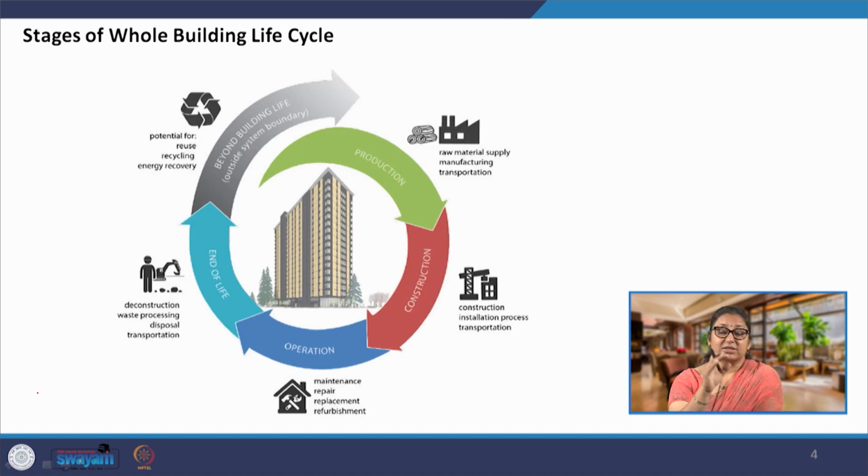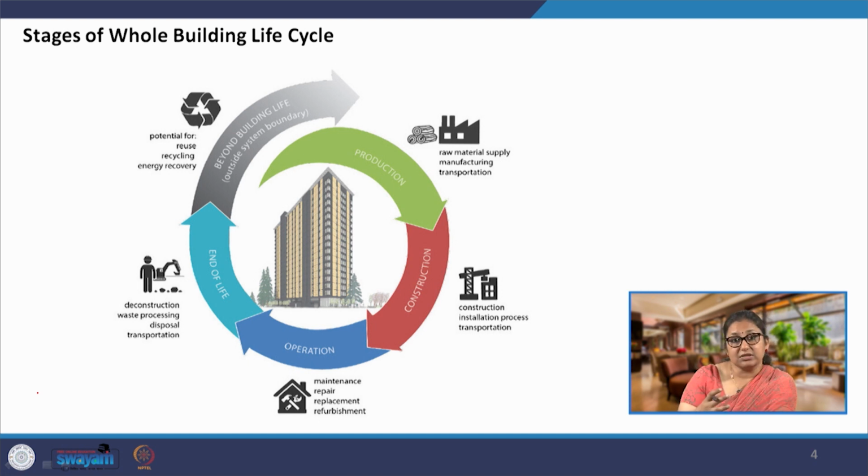So, starting with the stages of whole building life cycle, very simple, we clearly understand that the whole process of constructing a building starts from extracting the materials. So, producing the materials which are going to be used in the building. If we say brick, the raw material extraction for brick, which is say soil, clay, that is where the whole cycle, whole process starts.